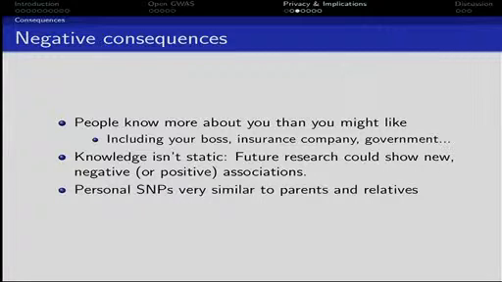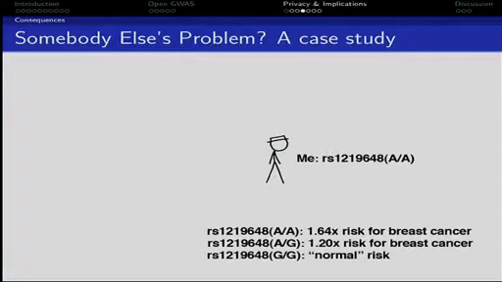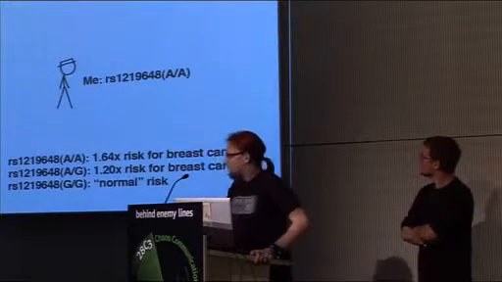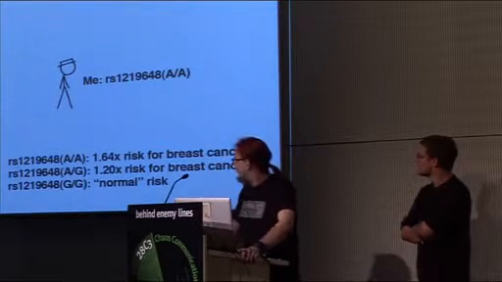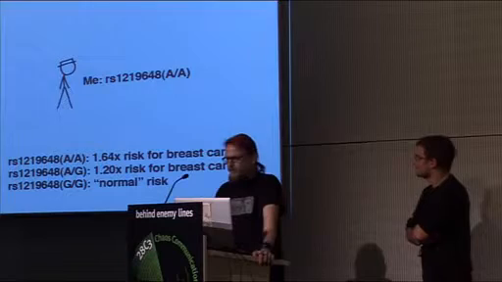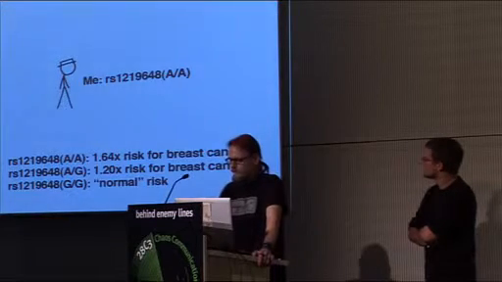And well, your data is not only informative about you, but also about your next of kin. So your parents and especially your own children will have similar information. So I'll illustrate this with my own example. I've published my data already, and I have this nice AA allele here, and this means I have a 1.6 times higher risk for breast cancer, which might not sound like that much, but it's nice to know.